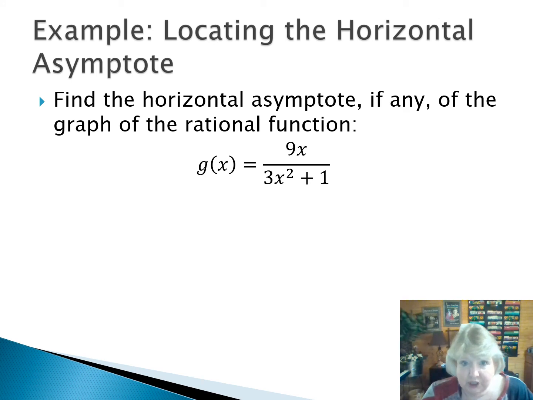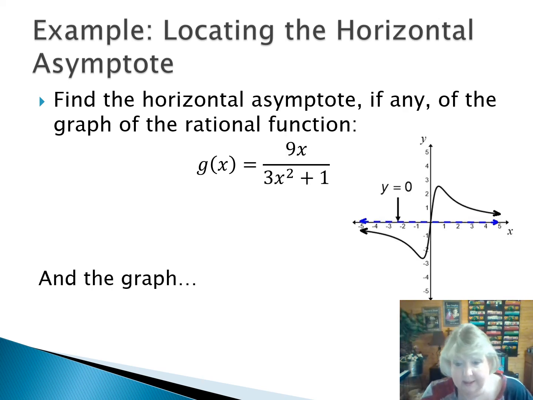And for the function g of x here, I look for the degrees. This is an understood 1, so that's a first degree in the numerator and a second degree in the denominator. Because the denominator is of greater degree than the numerator, y equals 0 will be the horizontal asymptote of my graph. And this is the graph of g, with my x-axis, y equals 0, being the horizontal asymptote.